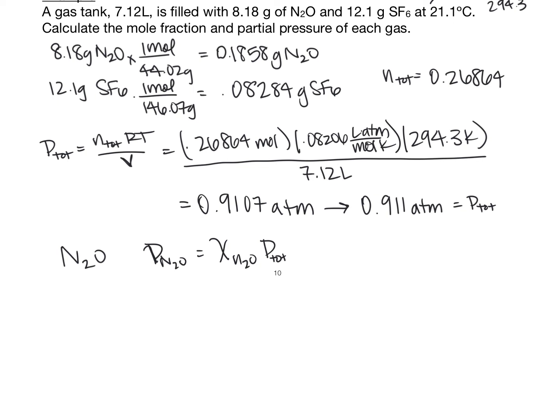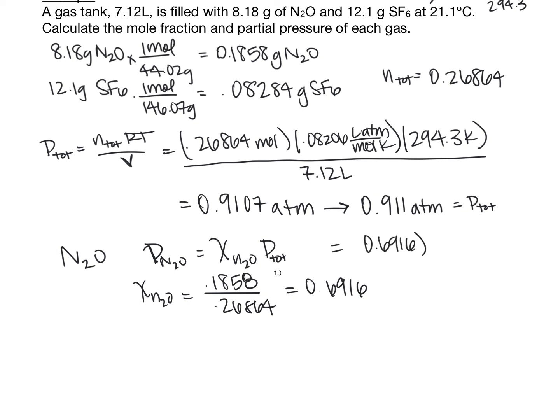So chi of N2O is equal to 0.1858 divided by 0.26864, which is 0.6916. So the pressure of N2O is 0.6916 multiplied by 0.911, and that gives you a pressure of 0.630 atmospheres is the pressure of N2O.